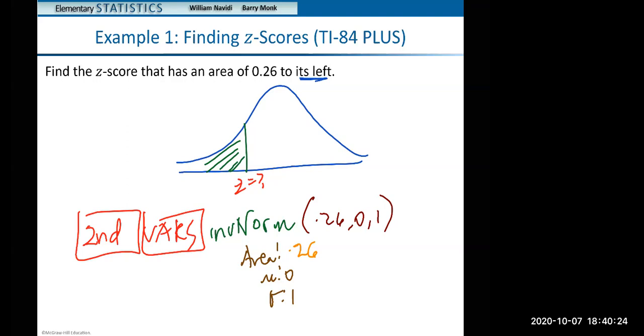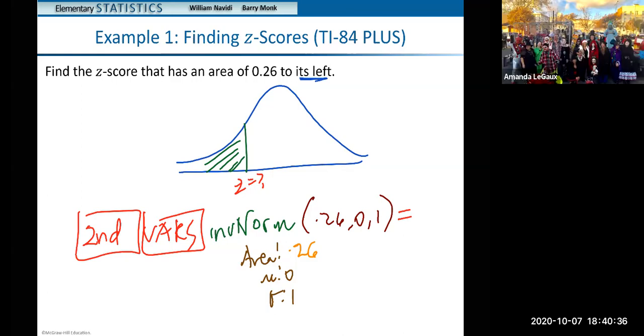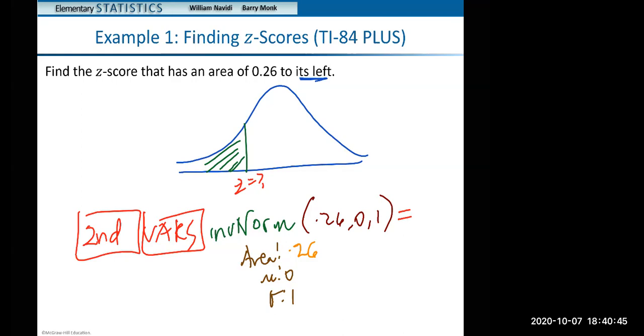What is the answer? On the tail, do we pick left, center, or right? That's what I got on my calculator.